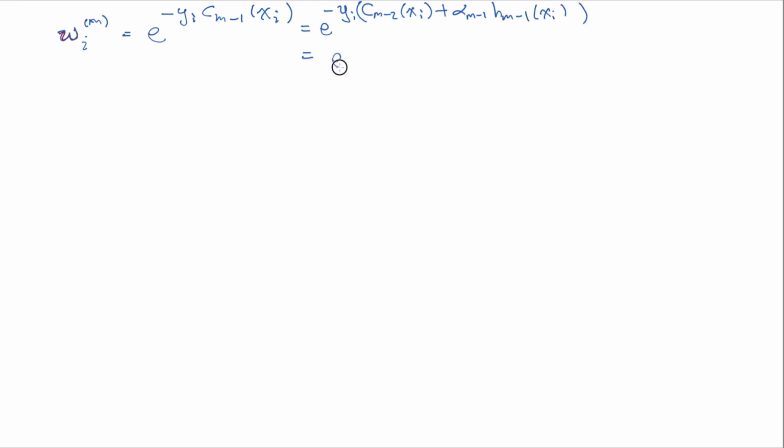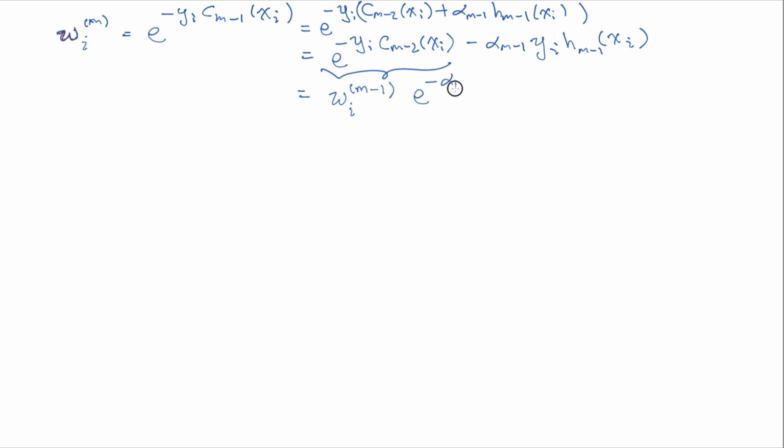Okay, and then expanding that out, we get e to the power of yi. And again, if you look at the functional form, the weight is just the exponential of negative yi cm minus 1. So this here is just going to be the weight of i at m minus 1 times e to the power negative.